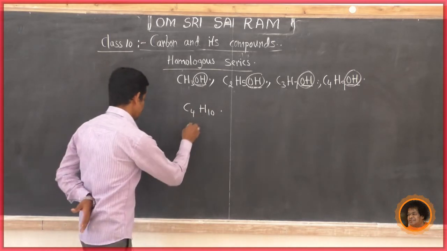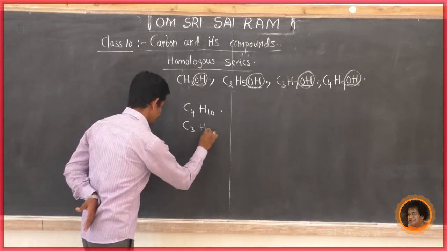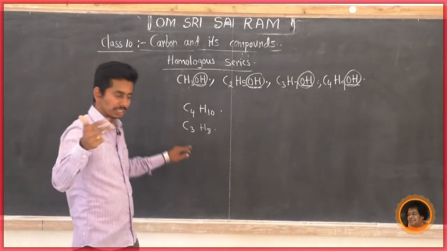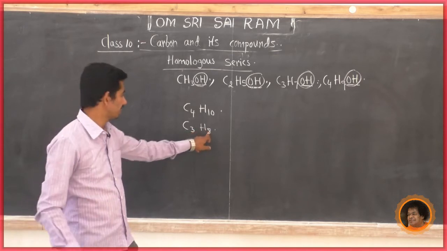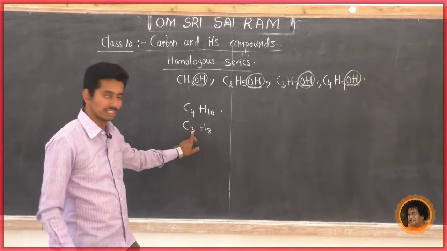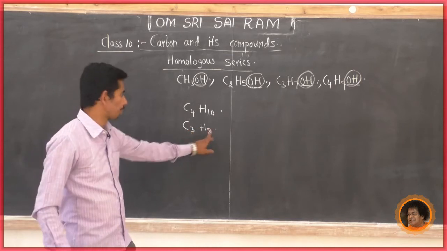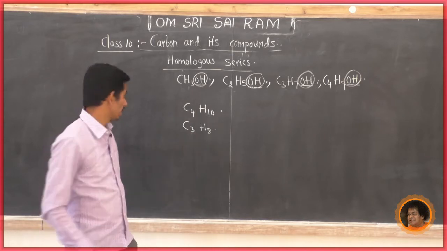The next in the sequence is C3H8. Double the carbon, it becomes 6, plus 2 means 8. So it is an alkane. C3 means meth, eth, prop, so it is propane. This is a sequence of alkanes. Now subtract.